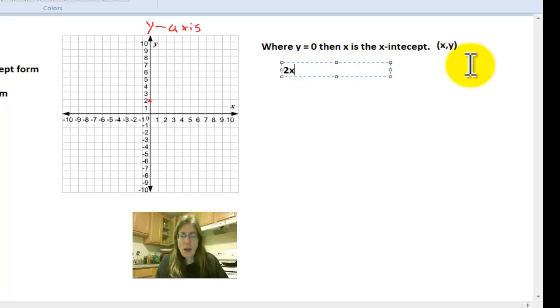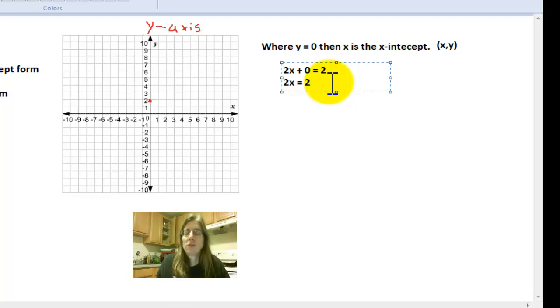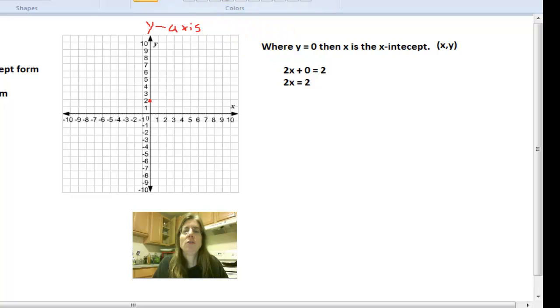So now we have 2x plus, instead of y, I'm going to say 0, equals 2. If 2x plus 0 is just plain 2x, so that's 2x equals 2, and then we will divide both sides by 2, because 2 times x, that's multiplied.